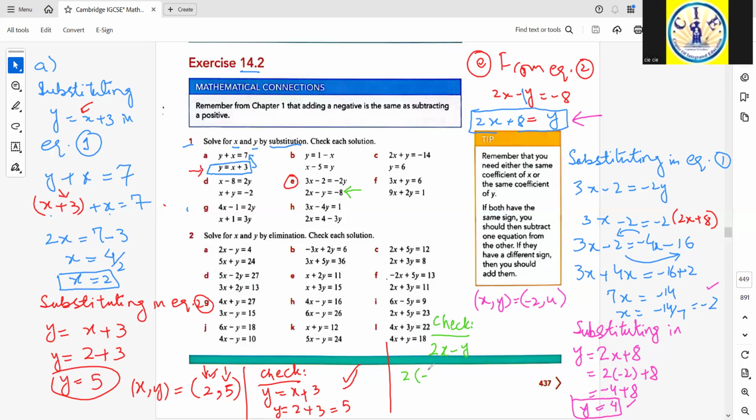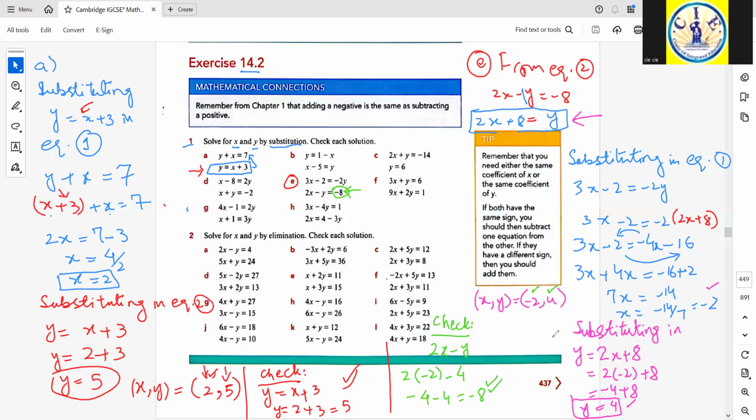The value of x is negative 2 and the value of y is 4. That is negative 4 minus 4, that is negative 8. Yes, which is equal to the right hand side of the given equation. So our answer is correct. So that is how we need to check our answers.